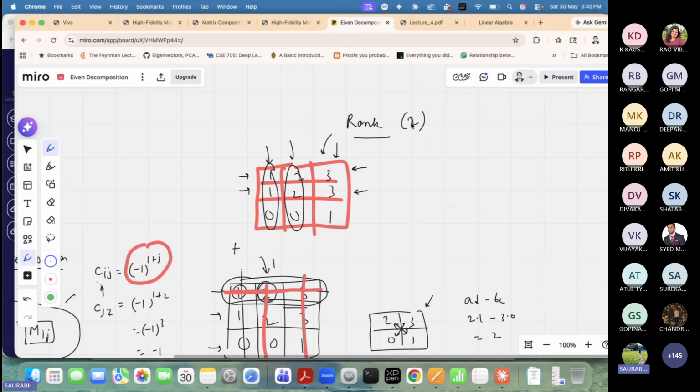Okay, because the rank is two, and the matrix was 3 cross 3. There were three row vectors, three column vectors, but the rank is 2. Now, an n cross n matrix would only have rank n if its determinant is not 0.